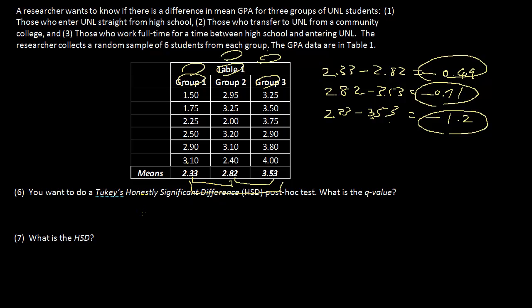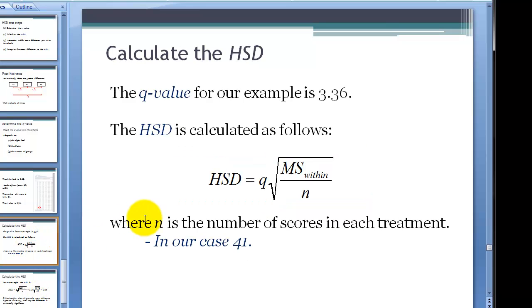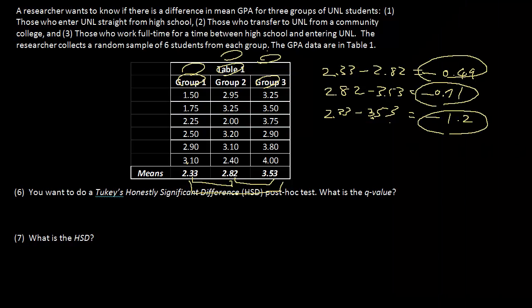So how do you calculate HSD? HSD is calculated by this formula: HSD equals Q times the square root of mean square within divided by n.